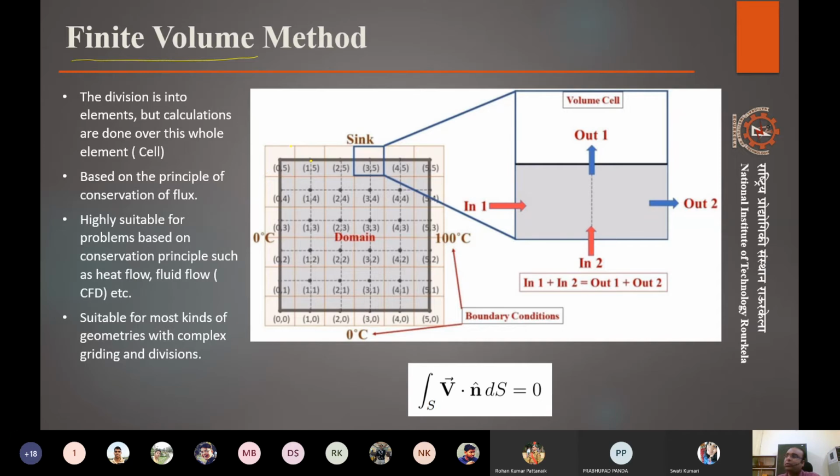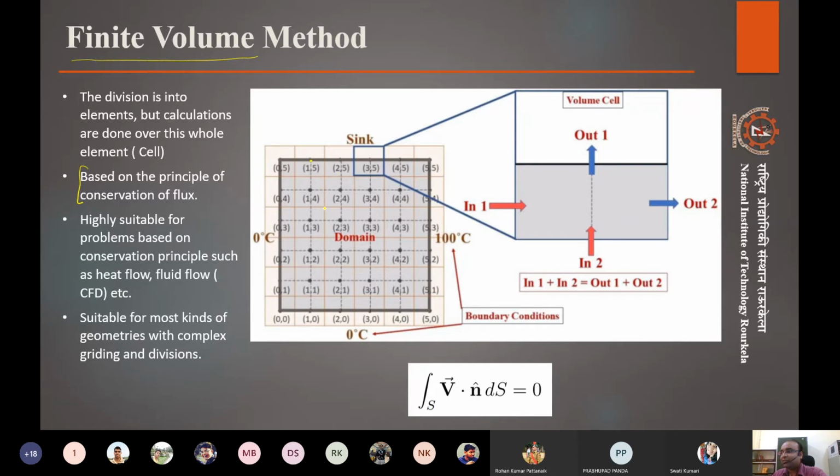In the finite volume method, the concept of the calculations is based on the principle of conservation. Conservation basically means that whatever gets into this cell will get out of this cell also, like the conservation of mass, where mass cannot be created nor destroyed, or energy, which can neither be created nor destroyed, it can only be transformed.